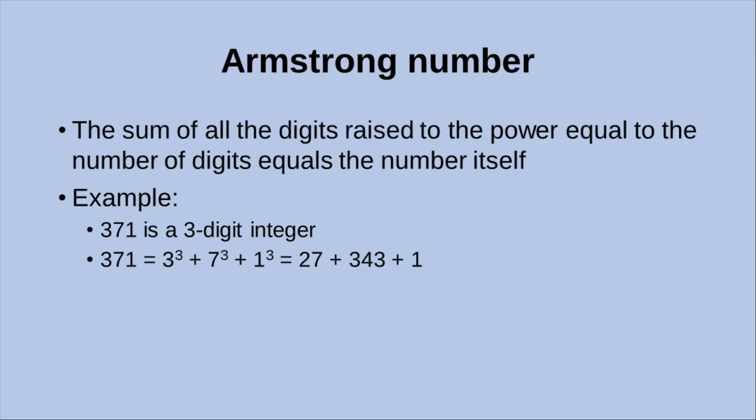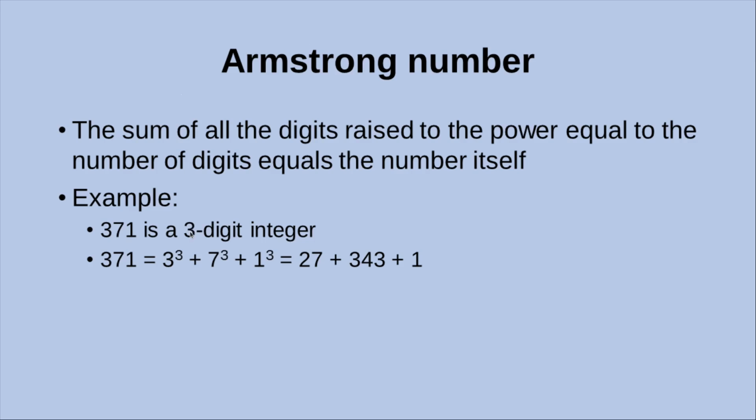Suppose I have 371. Is it an Armstrong number? We can show it in this way. 371 is a 3-digit number. When we do the operation as follows, we can get the same number. So what is the operation? We separate the digits and then raise each of the digits to the power equal to the number of digits.